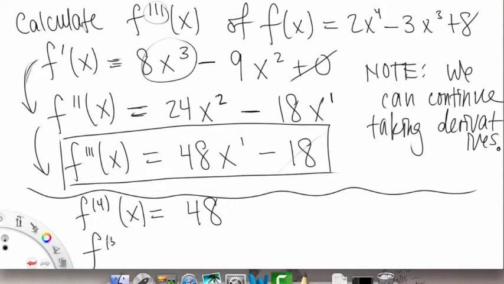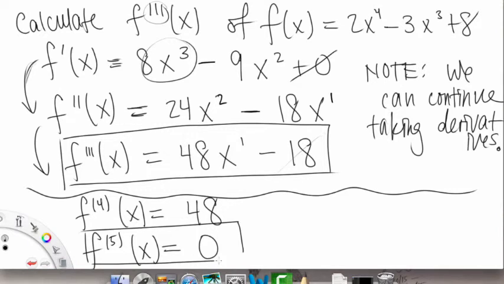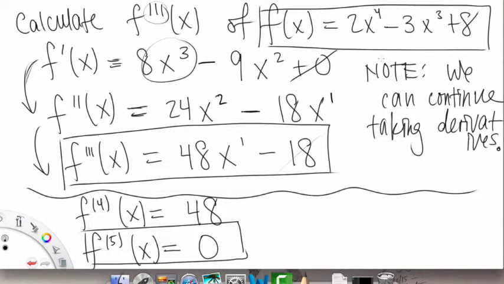If we go one step further, the fifth derivative, all we would get is 0. Our original f of x, which I'm going to box now, was a polynomial. Eventually, once we got to the fifth derivative, we obtained a derivative equal to 0. Then the sixth derivative will also equal 0, and the seventh, the eighth, the ninth, and so on, as high as you want to go.